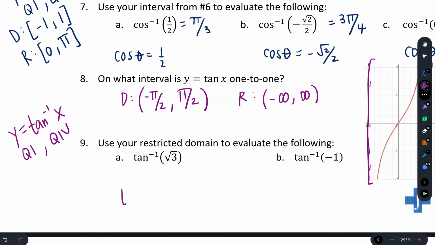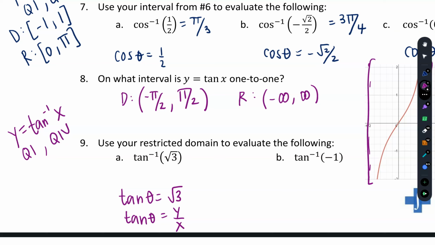Inverse tangent of square root of 3, so what is that? Where is tangent equal to square root of 3? Remember what tangent is equal to. Tangent is equal to y over x. To help you out, it would be where the y value is square root of 3 over 2, because I would need square root of 3 over 2 over 1/2 to be left with just square root of 3.